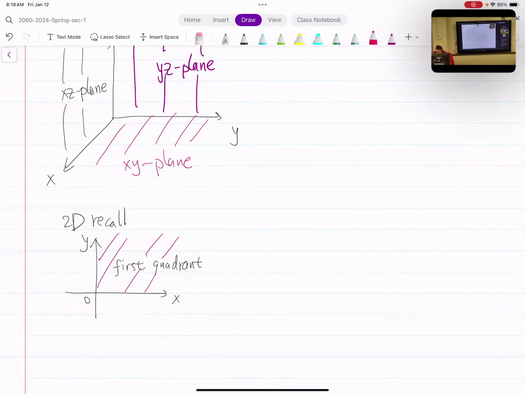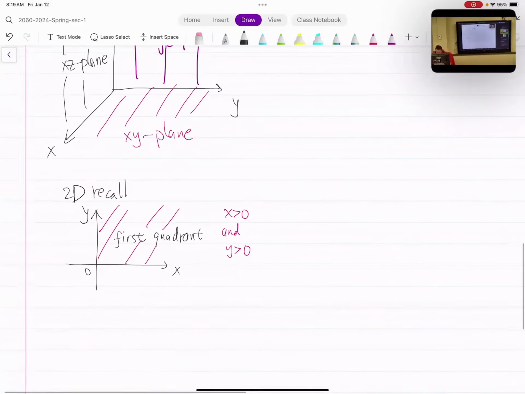Here, x is positive and y is positive. So two axes separate the plane into four regions. The first one is the one with x and y being positive.